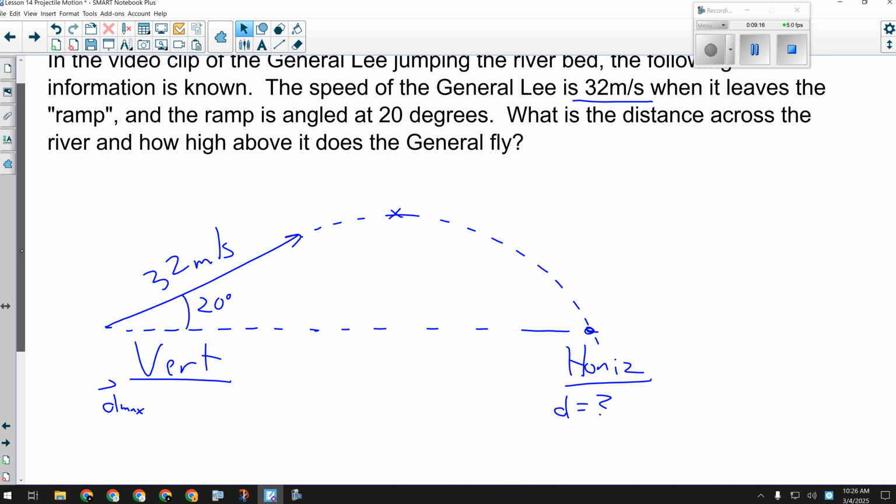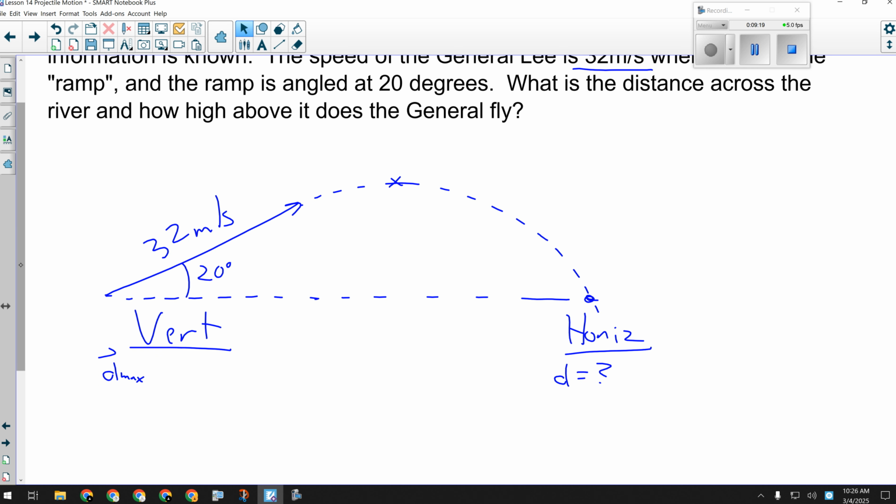So, if I know this projected velocity, could I find its horizontal component and its vertical component? If I find its horizontal component, this is a velocity. So its horizontal component is also a velocity directed horizontally.